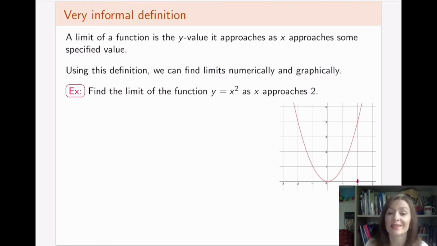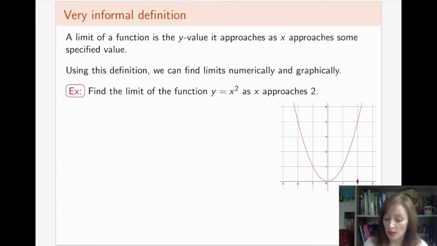Right? This is a nice simple function, so the answer here is pretty clear just from the graph itself. If x is really, really close to 2, then I expect that my y value is going to be really, really close to 4.